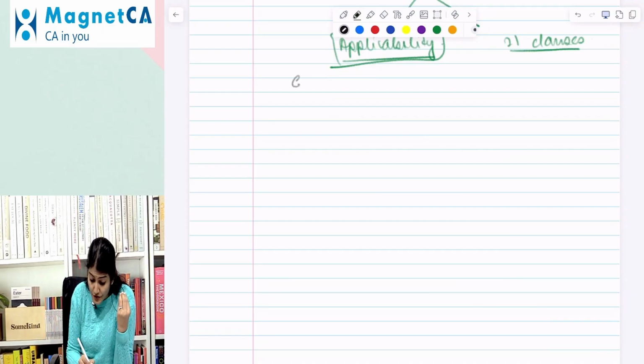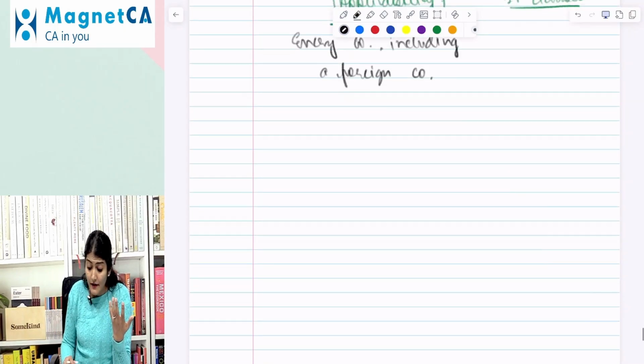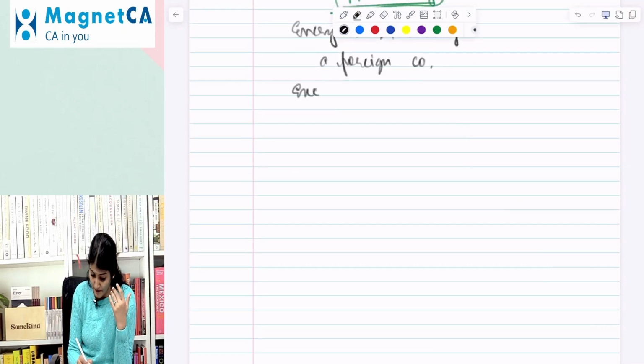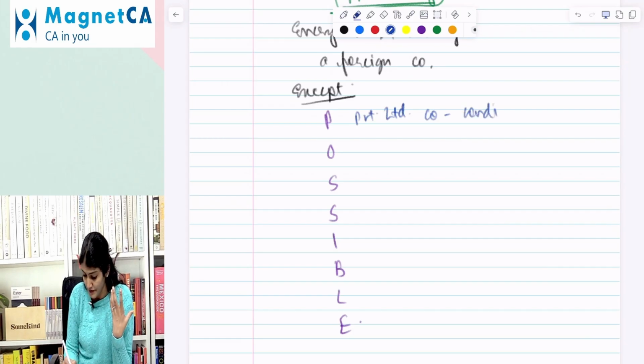The CARO shall apply to every company, including a foreign company. So for a foreign company also, CARO is applicable? Yes. Including a foreign company, except what? It is possible that for a few companies, CARO may not be applicable. It says private limited company subject to certain conditions.